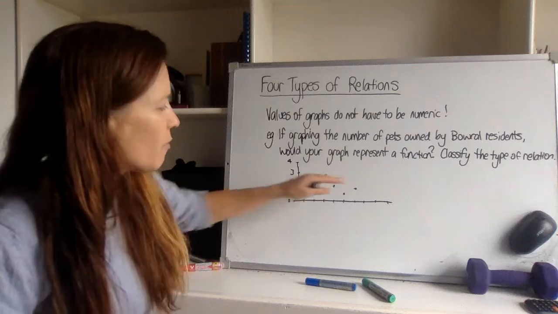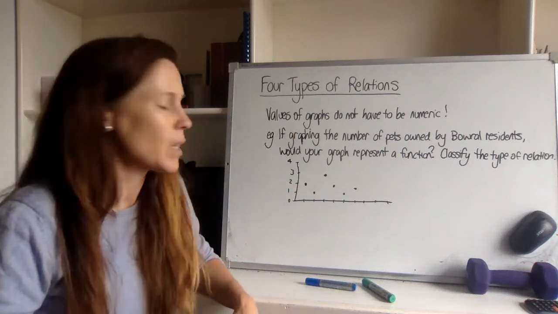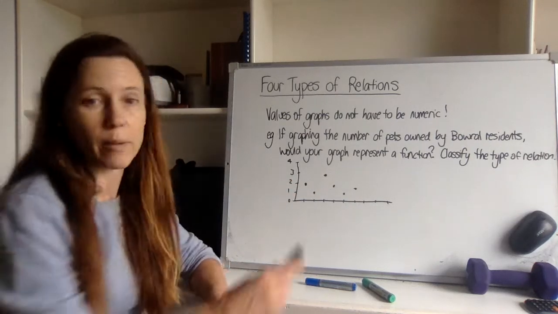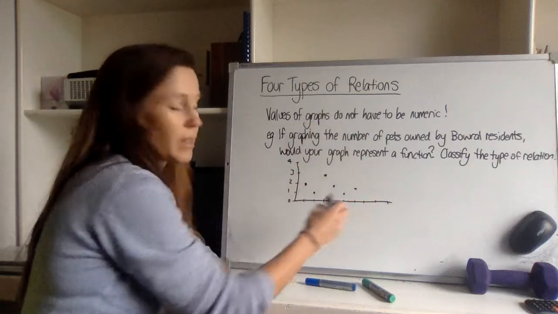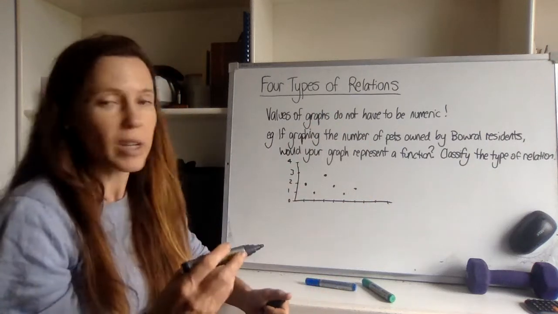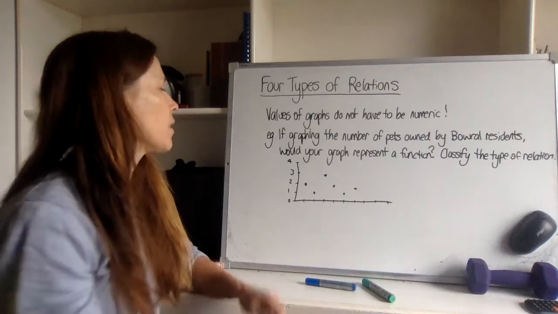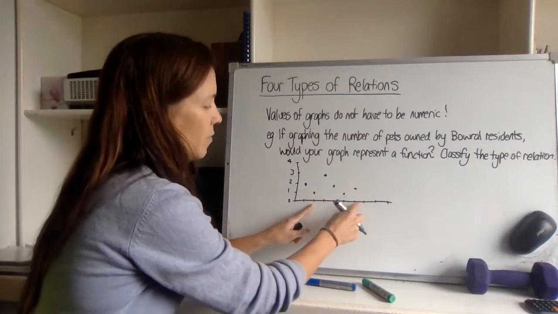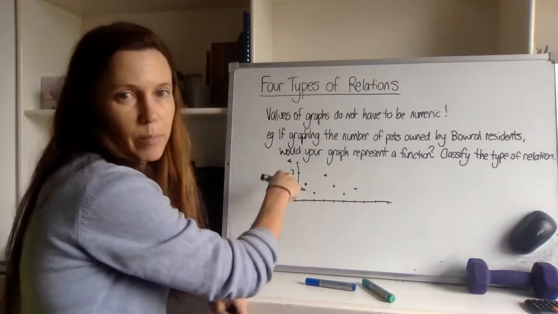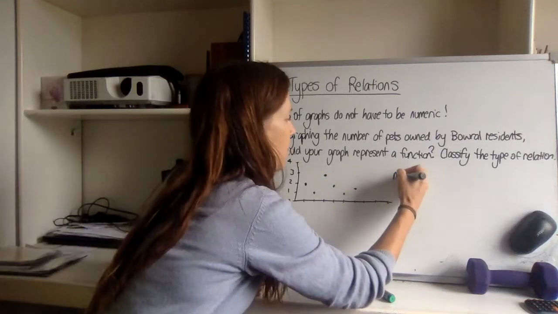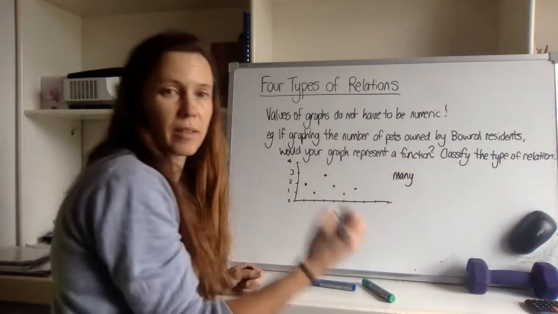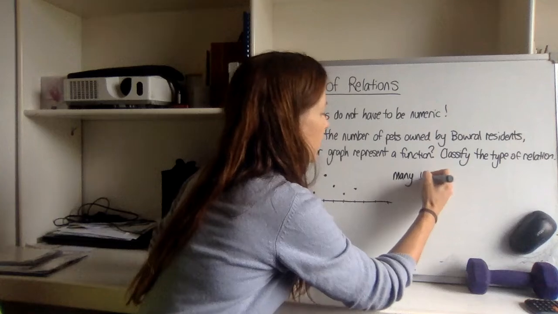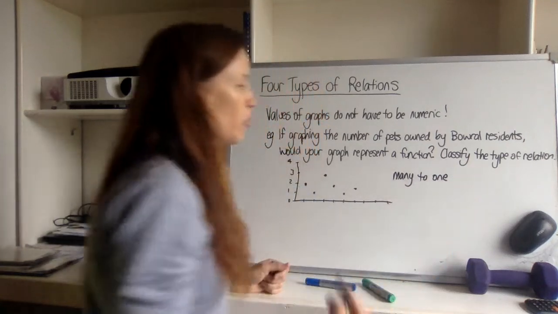So we would say that it fails that horizontal line test. Now, is it a function? Well, can we let it pass a vertical line test? Yes, it would. Okay, so working out which one it is, have a think. There are many x values that would have the same y. So that's many x's to one y. So we'd call it a many to one relation.